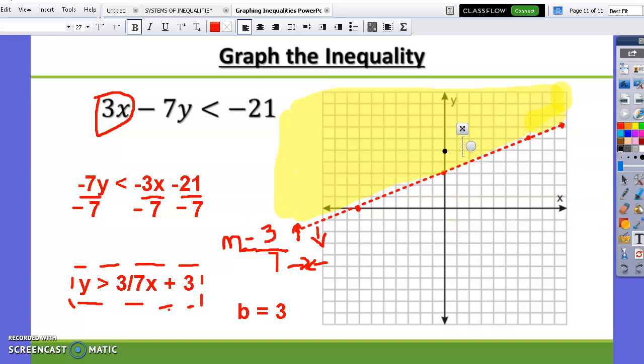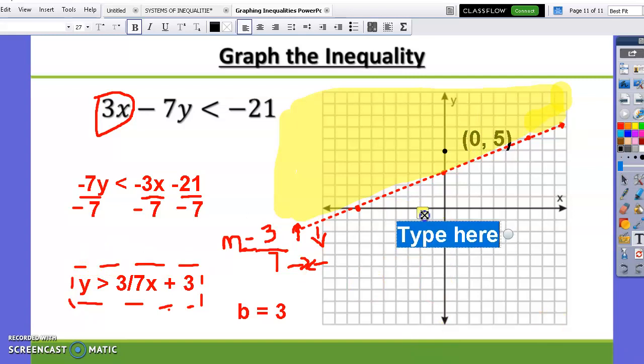Oh, let me change my color to black. Y value is up here 1, 2, 3, 4, 5. So if I were to substitute 0, 5 into my equation, either this one, or this one, it's going to give me a true statement.